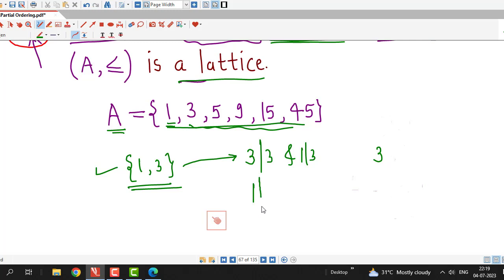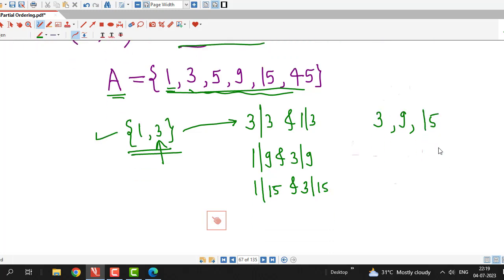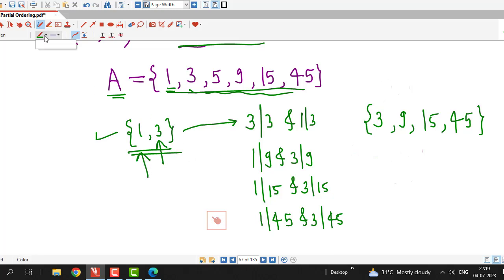Similarly 1 divides 9 and 3 also divides 9. So another upper bound is 9, and we can see 3 divides 15 also, and 1 also divides 15. So 15 is another upper bound. Then 45 is also an upper bound because 1 divides 45 and 3 divides 45.